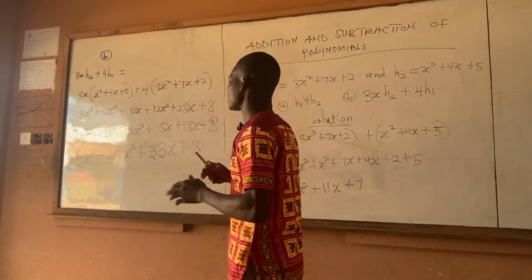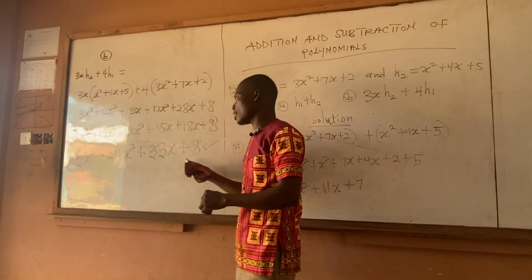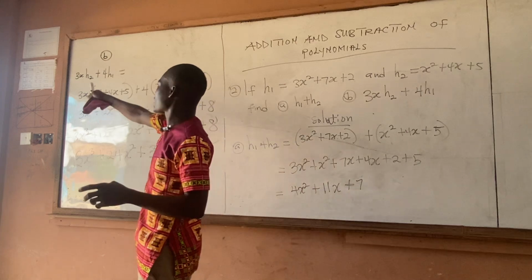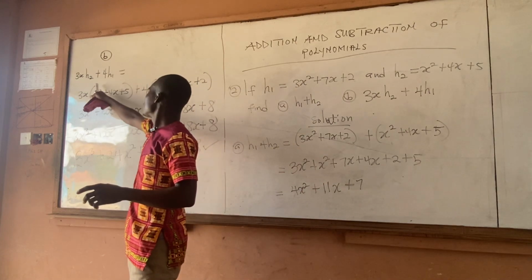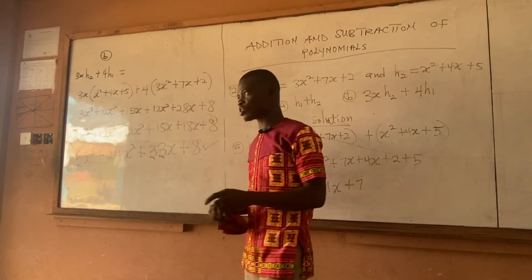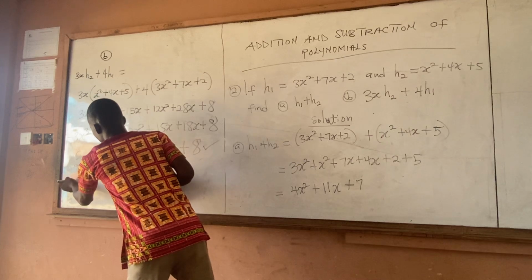And this is our final answer because you don't have any like term here. So when you find 3x times function h2 plus 4 times function h1, this is your final result. So now let's look at our third problem.